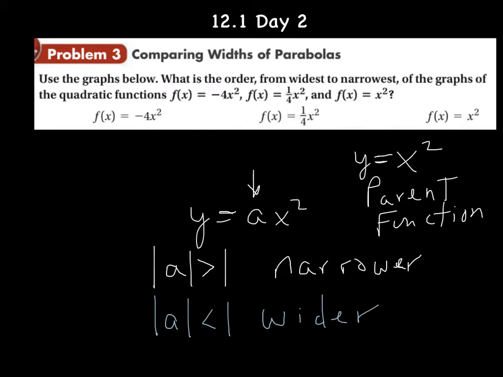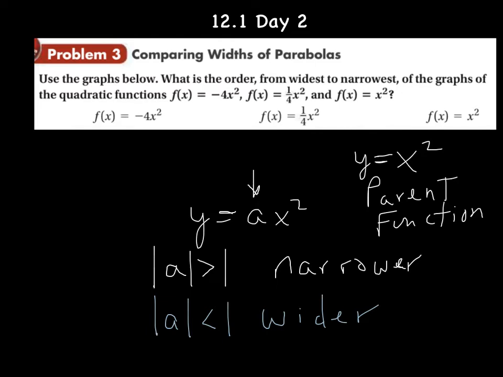So if we look at the three functions given in the problem above, it wants us to put them in order as far as which ones would be the widest and which ones would be the narrowest. Okay, so what is the order from widest to narrowest of the graphs? Well, we know the widest functions are going to have some sort of a fraction between 0 and 1 as their coefficient.